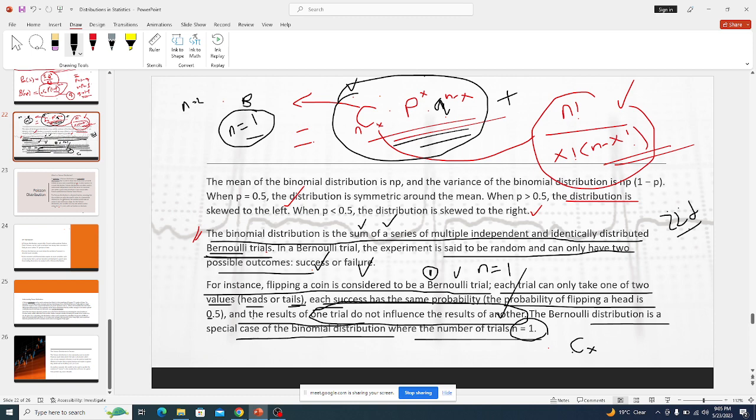Since n is 1, no need to put 1 here. Then multiply by p raised to x, multiply by q, 1 minus p, raised to 1 minus x. So this is the formula for binary distribution.